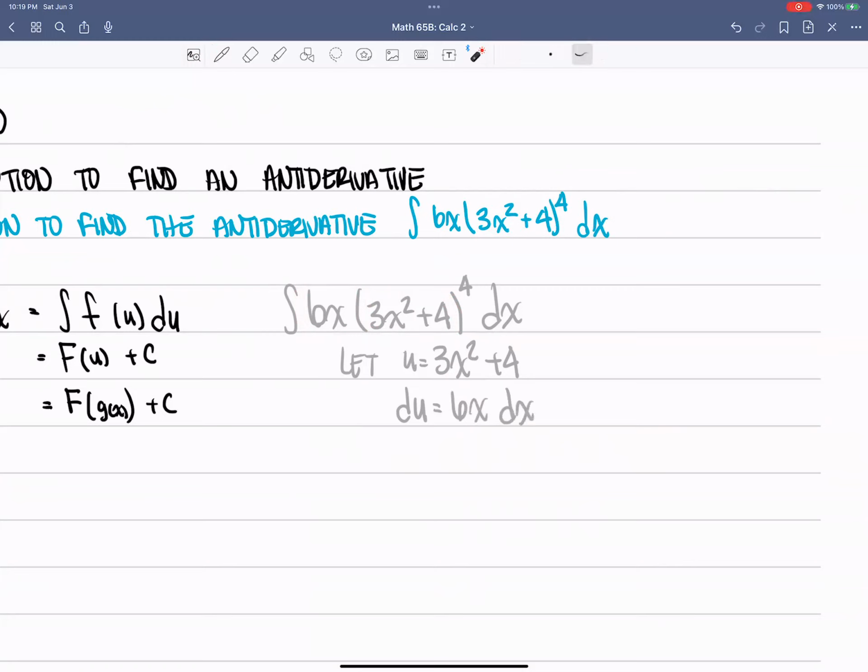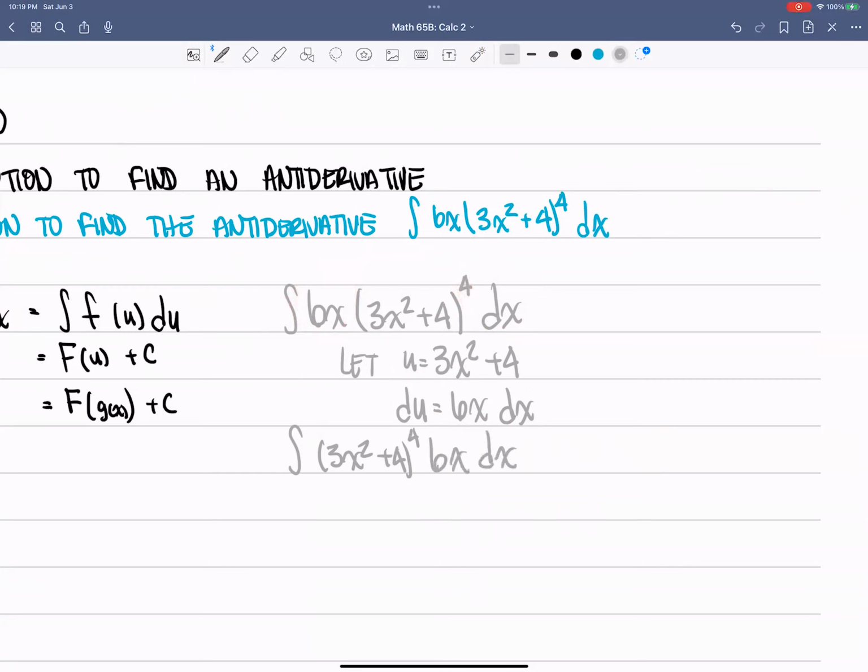Wherever we see a 6x dx, which we actually have here, we're going to replace it with du. So let me rewrite this so that way we could actually find that part. So (3x squared plus 4) to the power 4. And I'm just going to move this 6x over closer to that dx so we could substitute it.